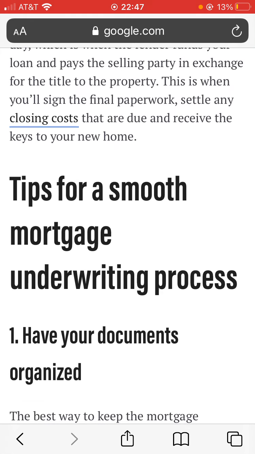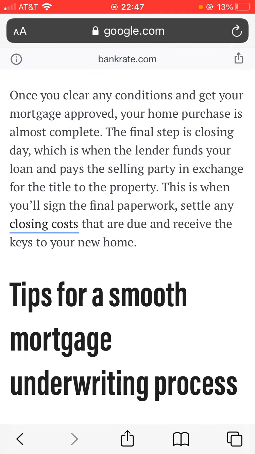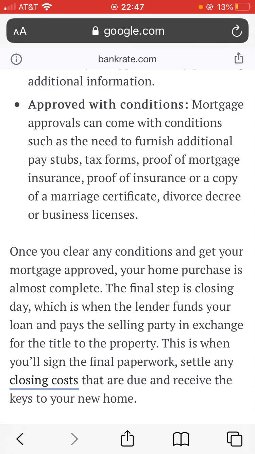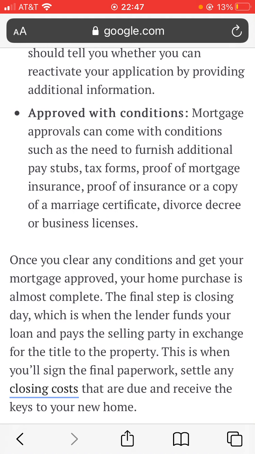But I think it's very important to understand how the mortgage underwriting process goes, because this is one of the things that a lot of new home buyers and investors, it's valuable information for them to be able to prepare for buying a home, especially in today's current market, where there's really high demand and you have to go out there and compete with a lot of buyers who are also first-time home buyers or investors, or people who are looking for another or second home, or people who are renting and looking for a house. So there's a lot of competition out there.